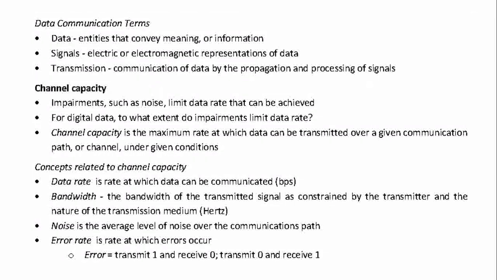So what's the channel capacity? The channel capacity is the maximum rate at which data can be transmitted over a given communication path or channel under a given condition. We must be mindful of noise as we discuss this principle of communication channels.